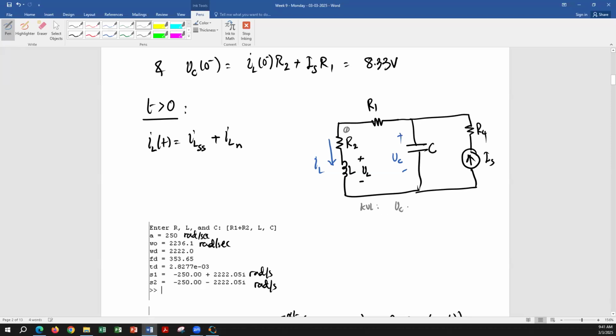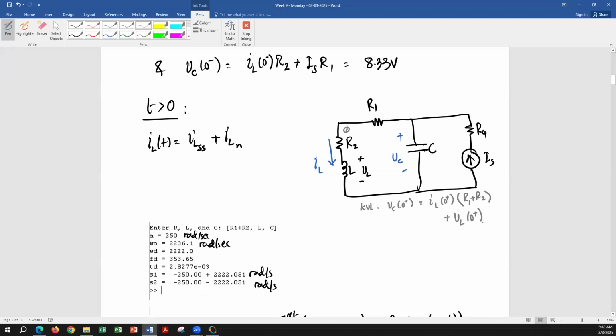So VC, and we are evaluating at 0 positive, so I'm going to put 0 positive. VC(0 positive) equals iL(0 positive) times R1 plus R2 plus VL(0 positive).